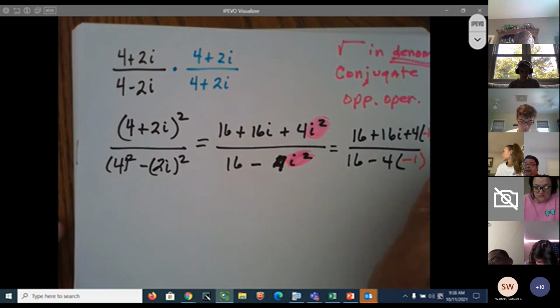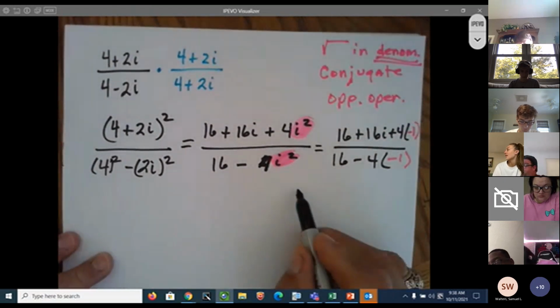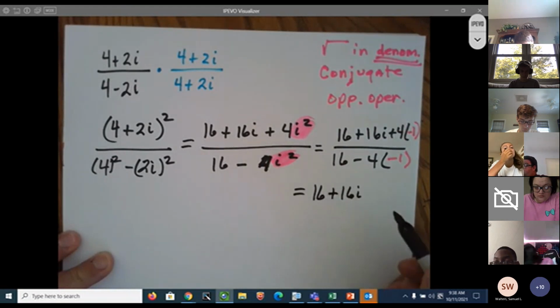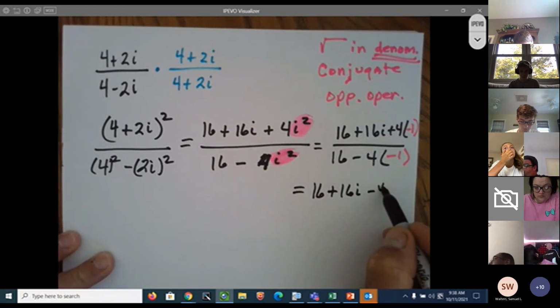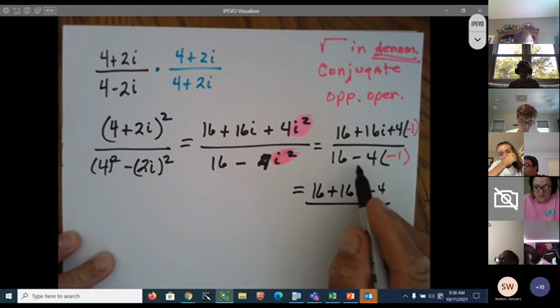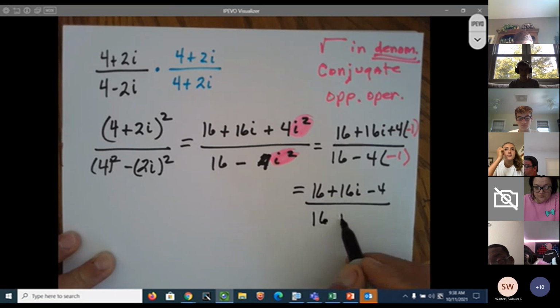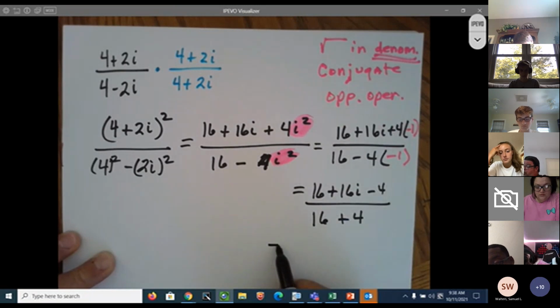And that's going to give us 16 plus 16i minus 4 over 16 plus 4. 16 minus 4 is 12.